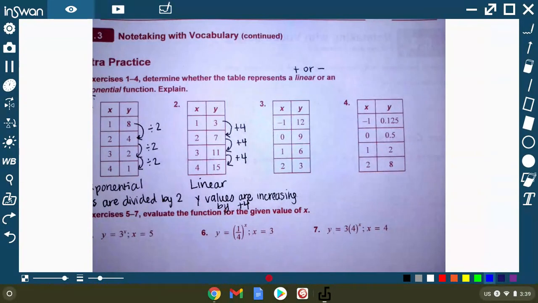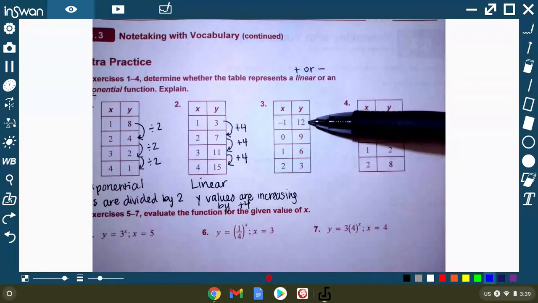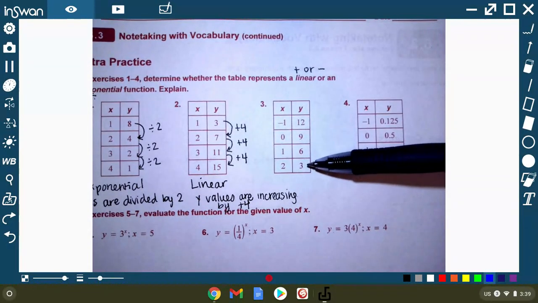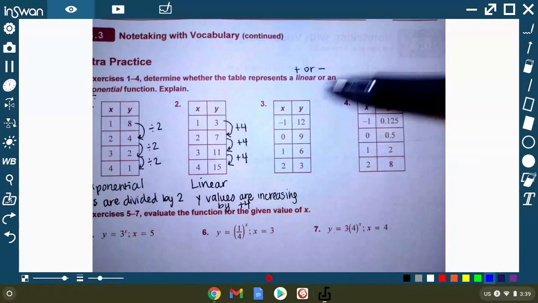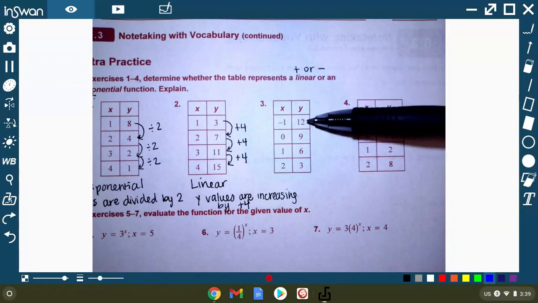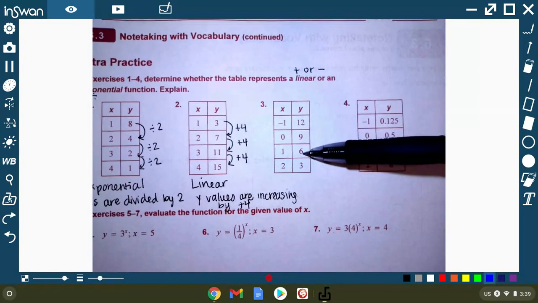All right, so number 3, check your x values. So it's still going up by 1, so that's good. And then my y values are decreasing. So that means it's either subtraction or division. So on here, what I'd start with is subtraction, see if I can figure out if that's how it's changing. So 12 minus what gives me 9? So 12 minus 3 gives me 9. 9 minus 3 gives me 6.